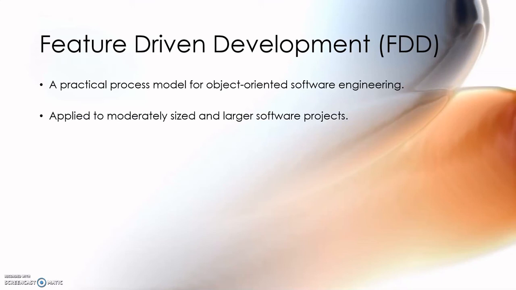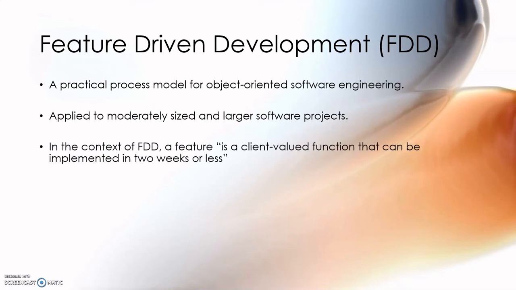Like other agile process models, FDD adopts a philosophy that emphasizes collaboration among people on an FDD team, manages problem and project complexity using feature-based decomposition followed by the integration of software increments, and communicates technical detail using verbal, graphical, and text-based means.